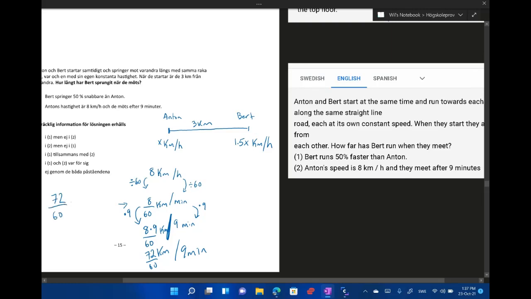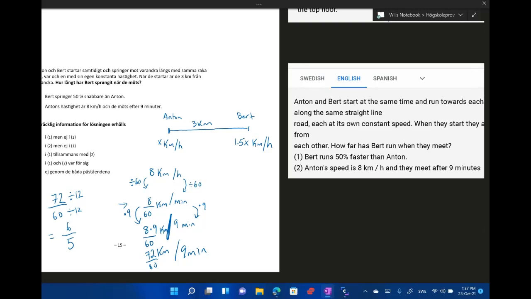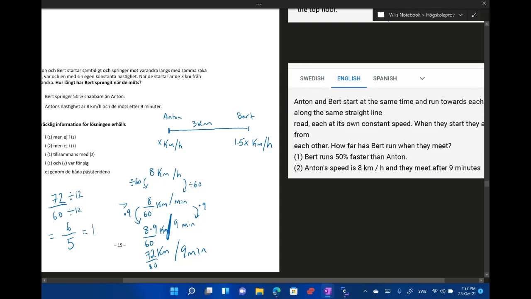I know that I can divide this by 12, and I can divide this by 12. 60 divided by 12 is 5. Sorry, 72 divided by 12 is 6. 6 over 5 is the same as 1.2. So we know that Anton's distance is 1.2 kilometers.